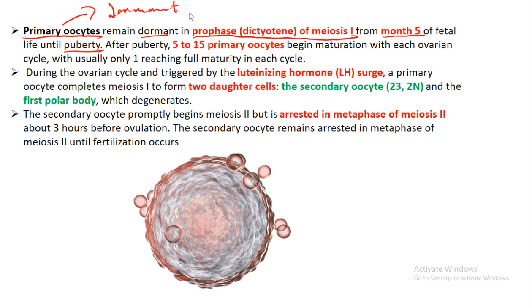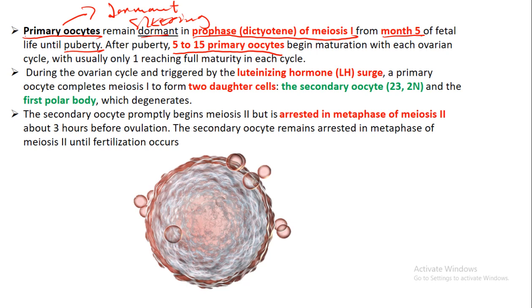It undergoes nothing, it's more like sleeping. And at which point is this? It is at prophase 1 of meiosis 1. Now, after puberty, 5 to 15 primary oocytes are produced.